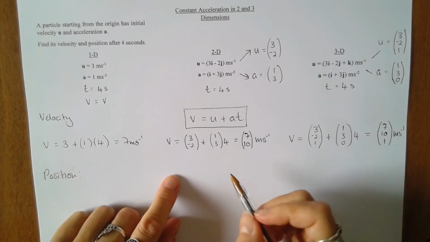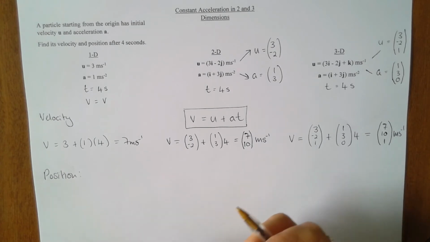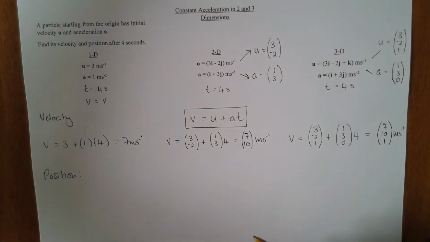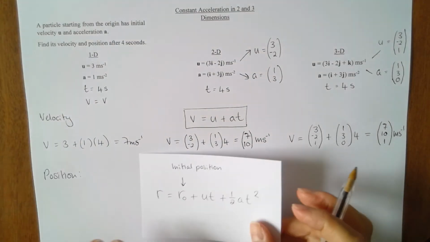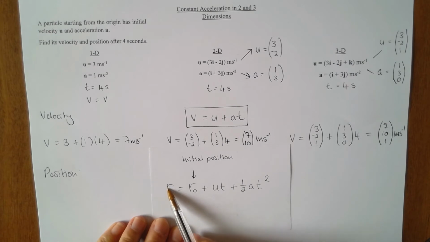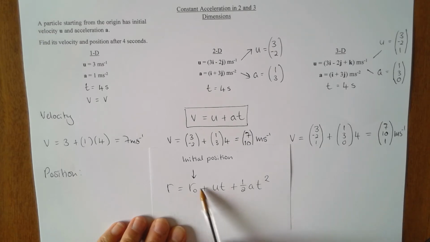So in order to do that, I need the displacement, which is s equals ut plus half at squared. Now the full formula here for the position would be r, which is what we use to indicate the position, as distinct from the displacement, equals r of 0, the initial position, i.e. r at time 0, plus ut plus half at squared.